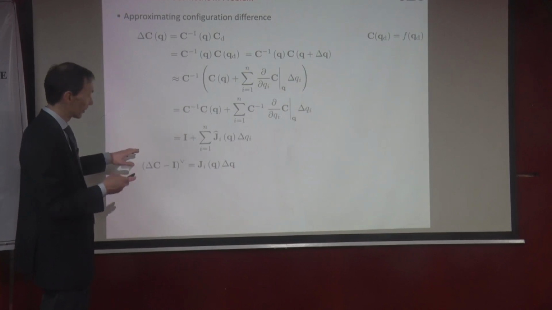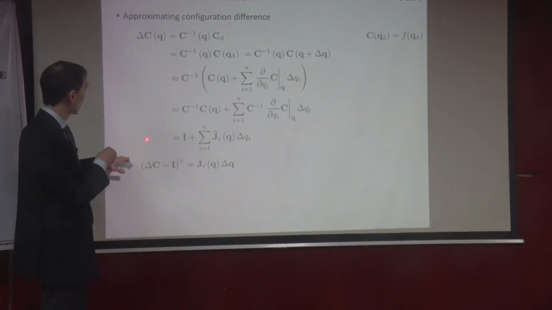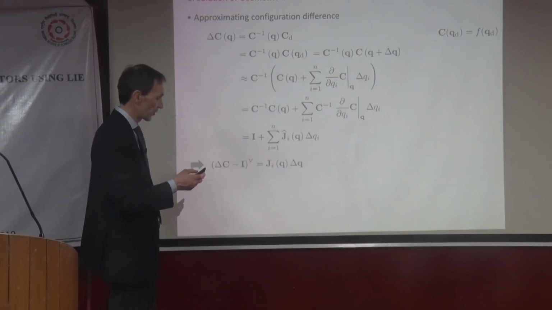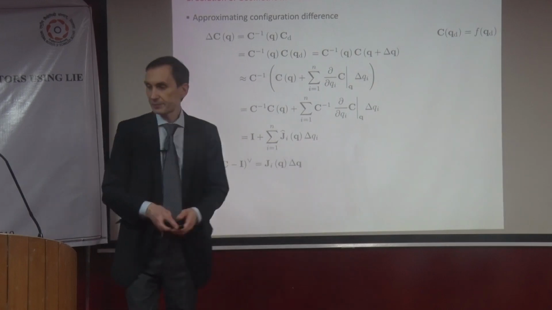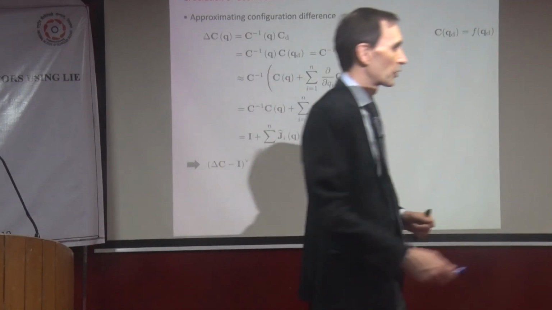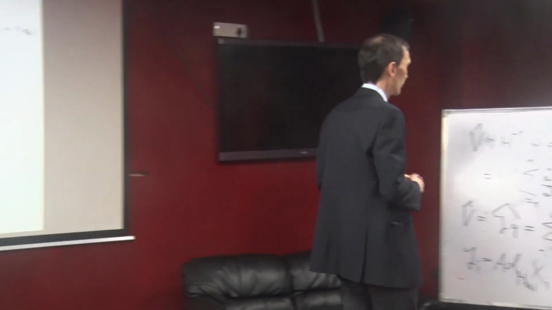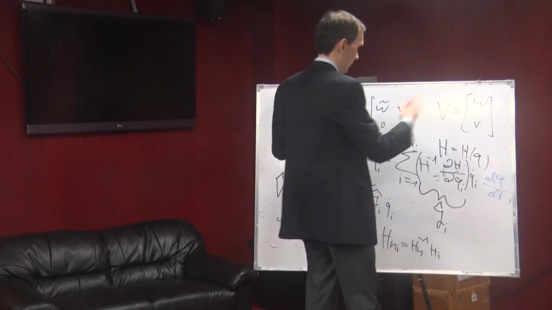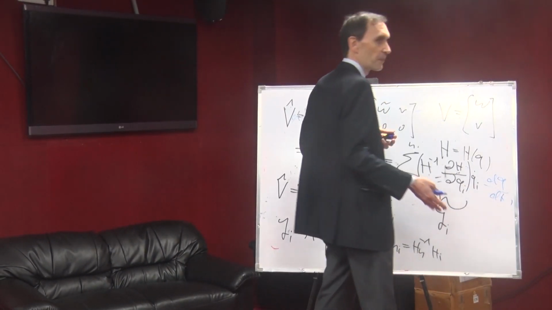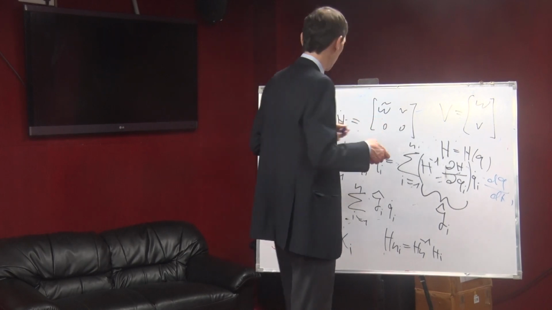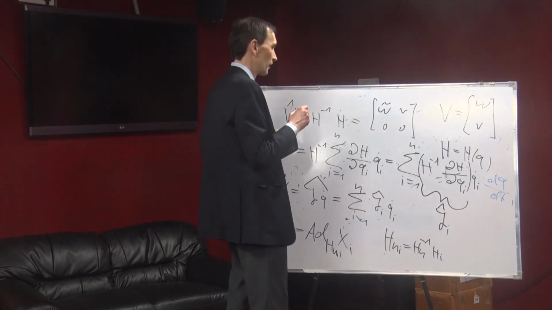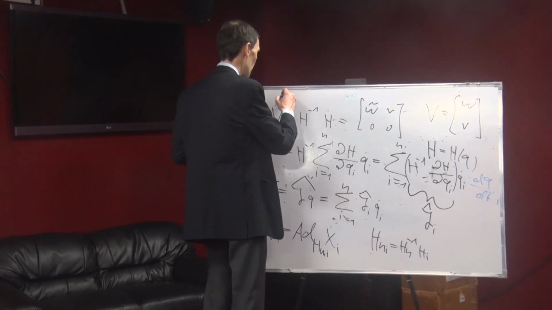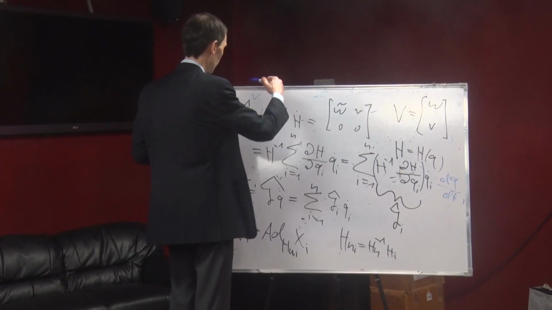So what I can do, I can bring this to the left, right? I can say, okay, this is delta C minus I is equal to the, and the thing is, we didn't introduce it yet because we never used it, but if I have, for example, a 4 times 4 matrix, as I was saying, I can extract the 6 vector, but I need some notation for this, right? This is the hat, and the inverse is just, you flip this thing.